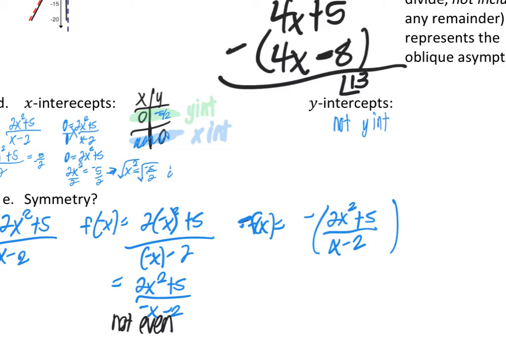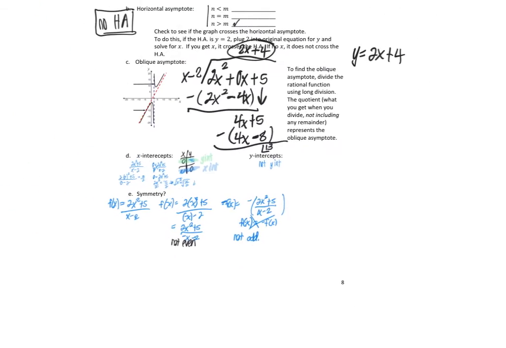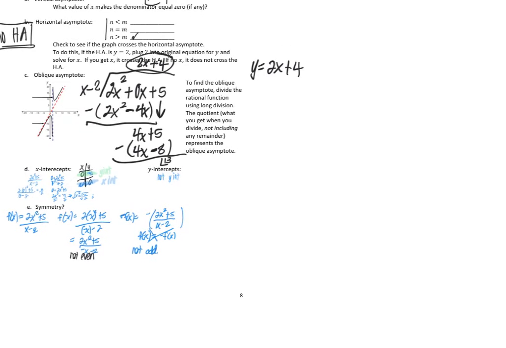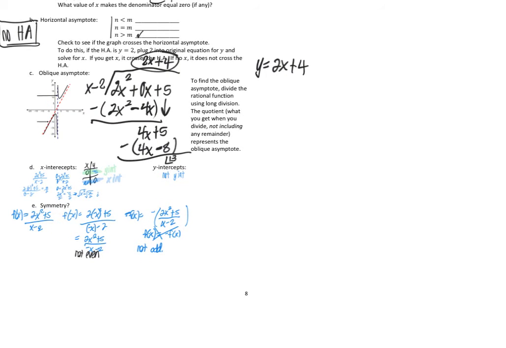And if I simplify that out, it's not going to equal what f of negative x equaled. So since f of negative x and negative f of x are not equal, it's not odd, meaning there's no symmetry about the origin. So let's take some things that we know and come up with a graph.